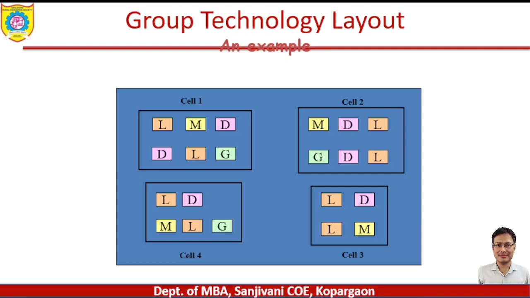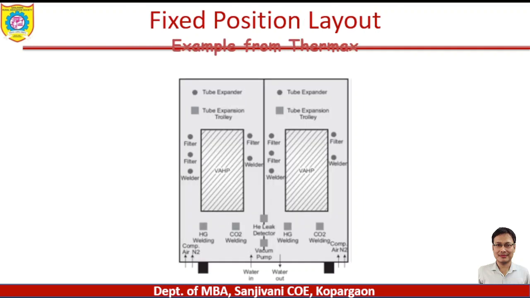So in this diagram, we can see that the manufacturing area is divided into cells or groups of machines that are dedicated to producing a particular family of products: Cell 1, Cell 2, Cell 3, and Cell 4.